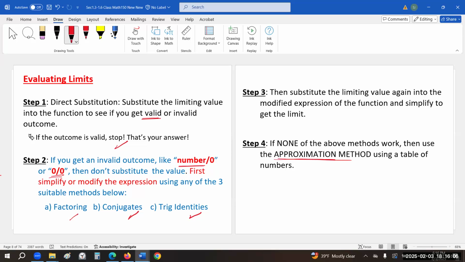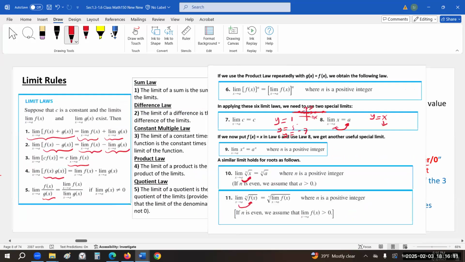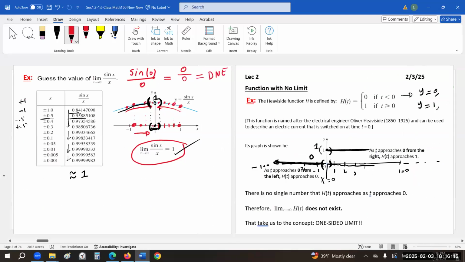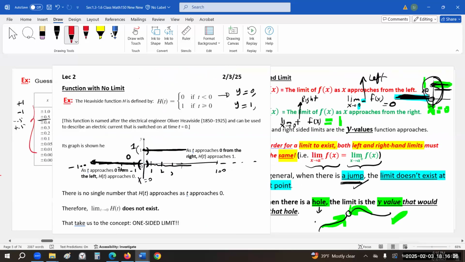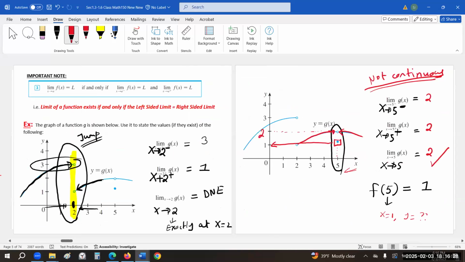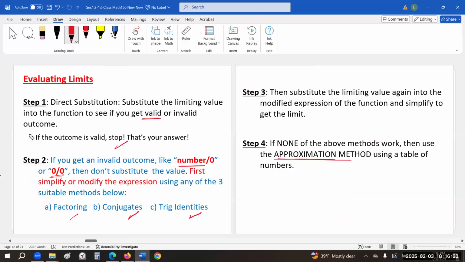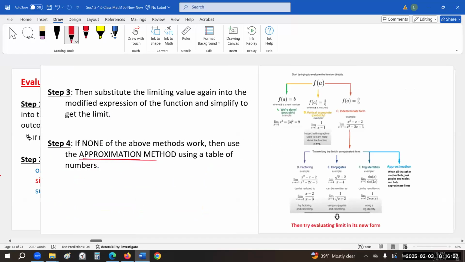See how the y values are changing. Like the example we did in the very first slide today, sin x over x. Here, this one. See a bunch of numbers. You keep substituting them closer and closer to your limiting value, and you observe the y values. But this is a headache, so we don't use it often. We usually use tricks to modify the function first. And this is the last hope, when we cannot modify anyhow.